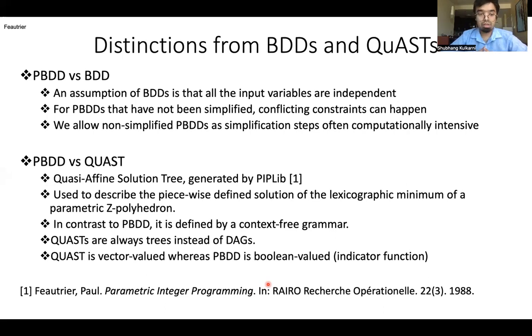They've been considered in literature, used to define piecewise defined solutions of lexicographic minimums of parametric polyhedra. These were in fact our initial motivation for PBDDs, but they contrast with PBDDs in the sense that they are always defined by a context-free grammar, and so are always trees instead of DAGs. And they're also vector valued, whereas PBDDs are Boolean valued.